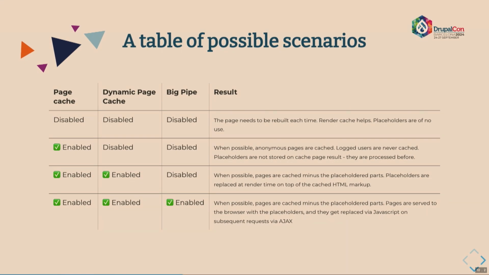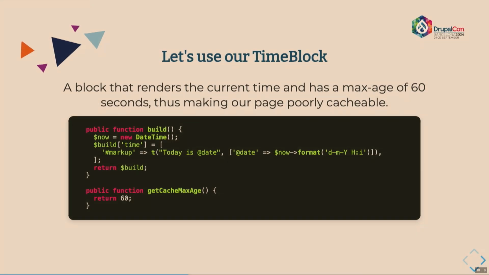Okay, let's put all of this together with an example. We will be enabling these modules, page cache, dynamic page cache, BigPipe, and we will see what happens, okay? We will use a time block. We will construct a time block, which is basically the same example that has a max age of 60 seconds. This is too low a max age, and if we don't placeholder this block, it will affect the whole page, and we will make our whole page re-render each 60 seconds.